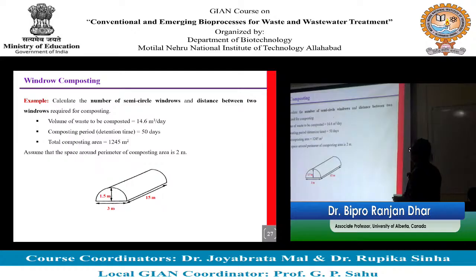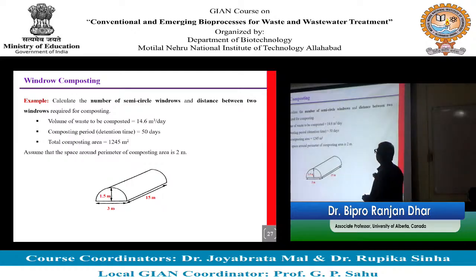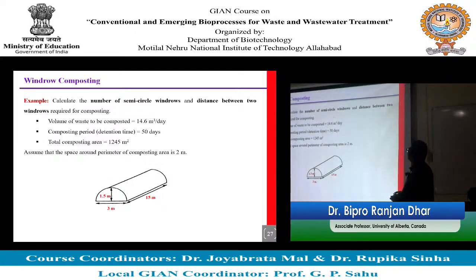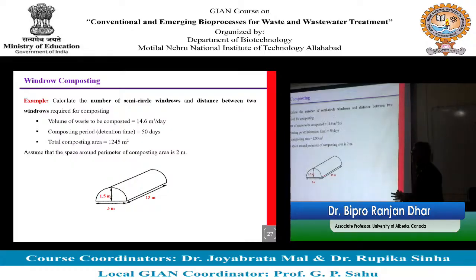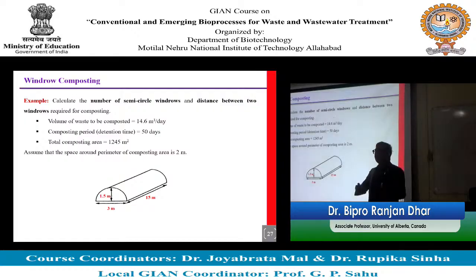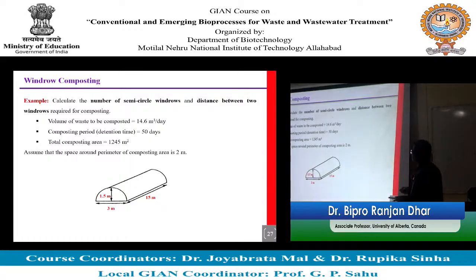Okay. So calculate the number of semicircle windrows and distance between two windrows required for composting. Here the diameter of the windrow is 3 meter. So height is going to be, because we consider it a perfect semicircle, 1.5 meter, and length is 15 meter. We want to know how many windrows we need and what should be the distance between two windrows if we have some limited space like 1245 meter square.